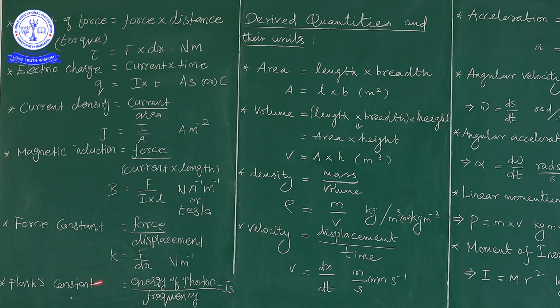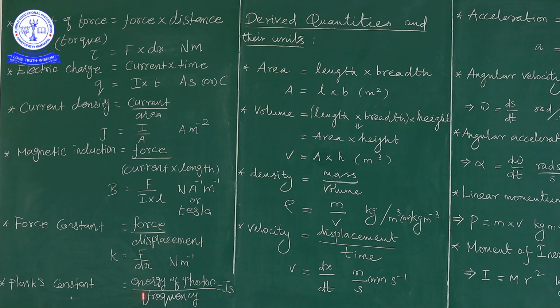And the last one is the Planck constant. It is in the concept of quantum physics. The Planck constant is the ratio of the energy of the photon divided by frequency. It is derived from the energy of each photon. According to Max Planck's theory, E is equal to h nu.